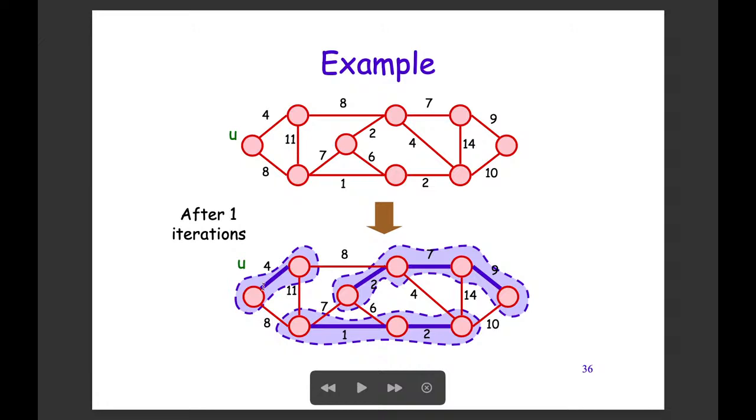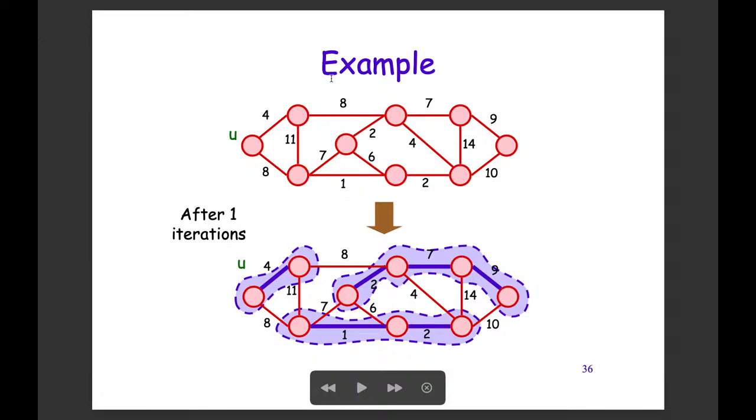This edge is selected because it is the shortest edge connecting this node to this one. We will select this because it is the shortest edge connecting this node to this one. We will select this edge because it is the shortest edge connecting this one to this one.